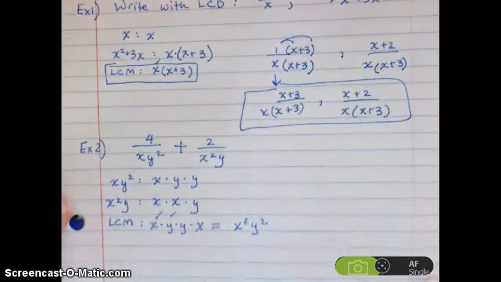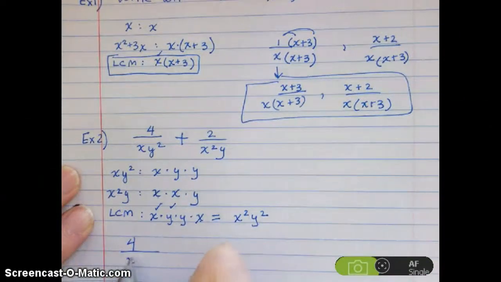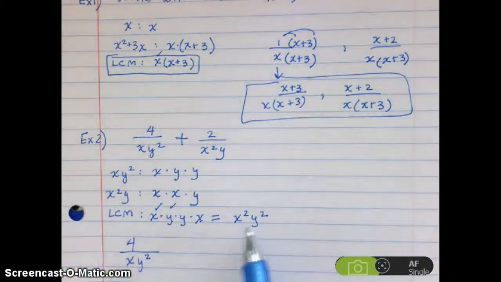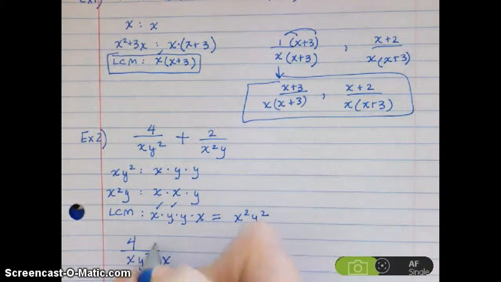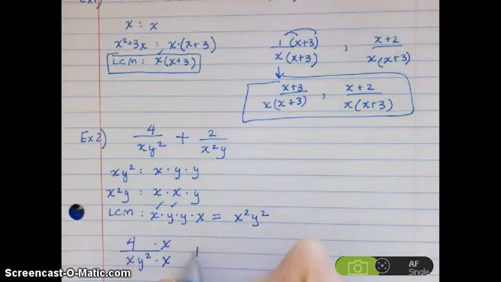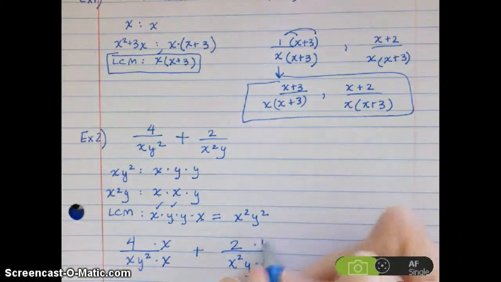Now I make equivalent fractions with the LCD. 4 over xy squared, multiply by x on top and bottom. Then multiply by y on top and bottom for the second fraction.